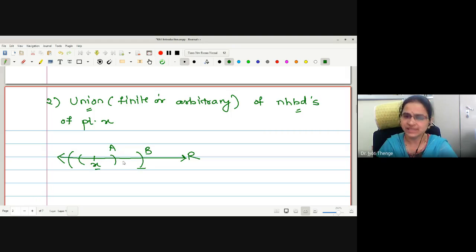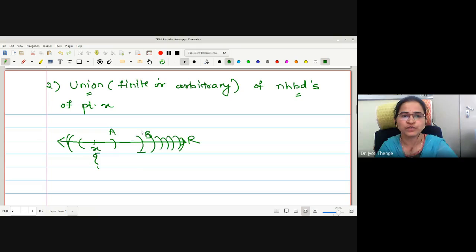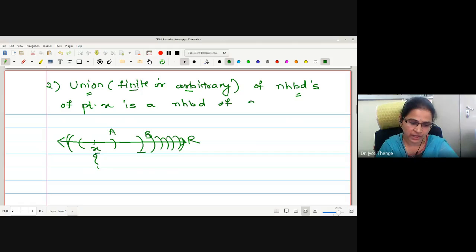Yes, it is a neighborhood, and it is possible in both cases, finite or arbitrary. If I mark more intervals like this, will it be a neighborhood of X? Yes. Therefore, the union, either finite or arbitrary, of neighborhoods of a point is a neighborhood of X. Correct?